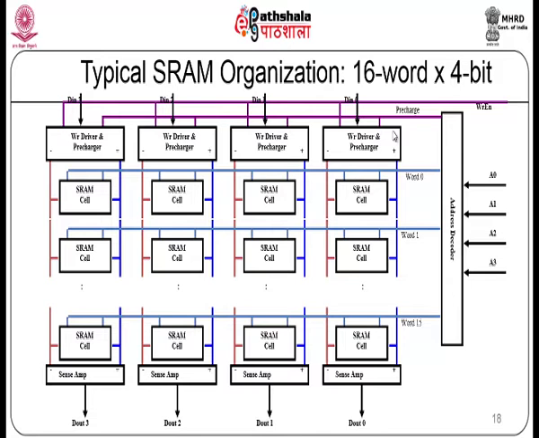If you want to perform a read operation or a write operation, the appropriate address has to be given and the word has to be selected for a read or a write operation. If it is a write operation, you can see the write drivers and the data lines that have been shown. All the 4 data inputs D0, D1, D2, D3 will have to be given, and the write enable signal will have to be activated.